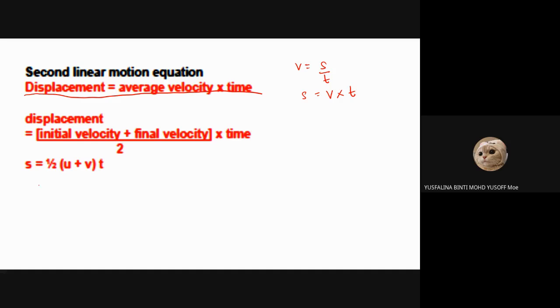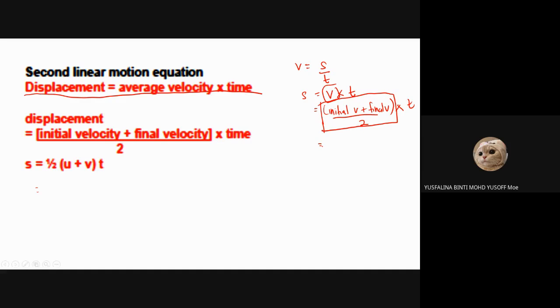So average velocity means the initial velocity plus the final velocity, and because it's average, you have to divide by 2. So this one, U plus V, divided by 2, and then you multiply by time. Here U is the initial velocity and V is the final velocity.